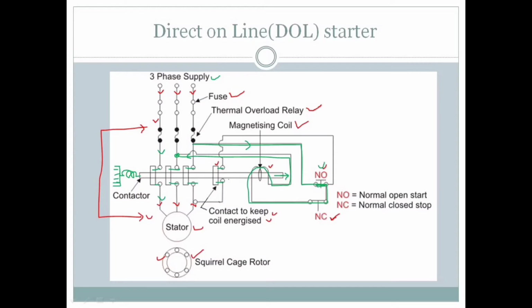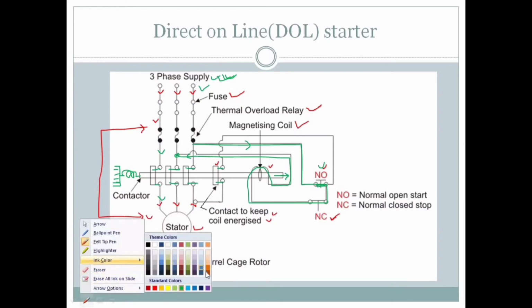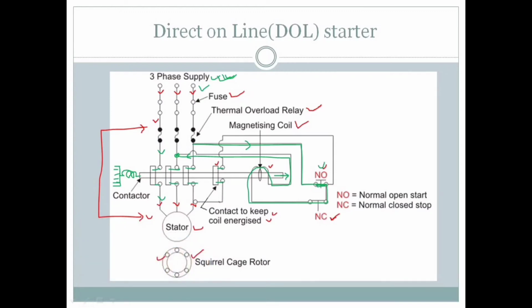So what will happen if excessive current flows from the three-phase power supply? We don't want to burn our squirrel cage induction motor. We have to stop the power from here, so we make a special arrangement.